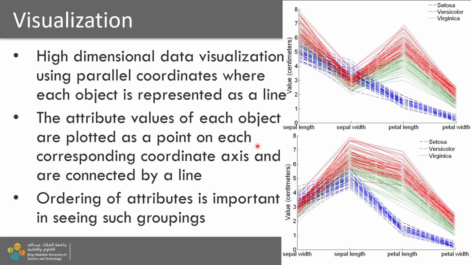The points are connected by this line forming that object. The ordering of attributes is important so that we can see groupings, and therefore it should be supported by the system to reorder the axes, or automatically order the axes.